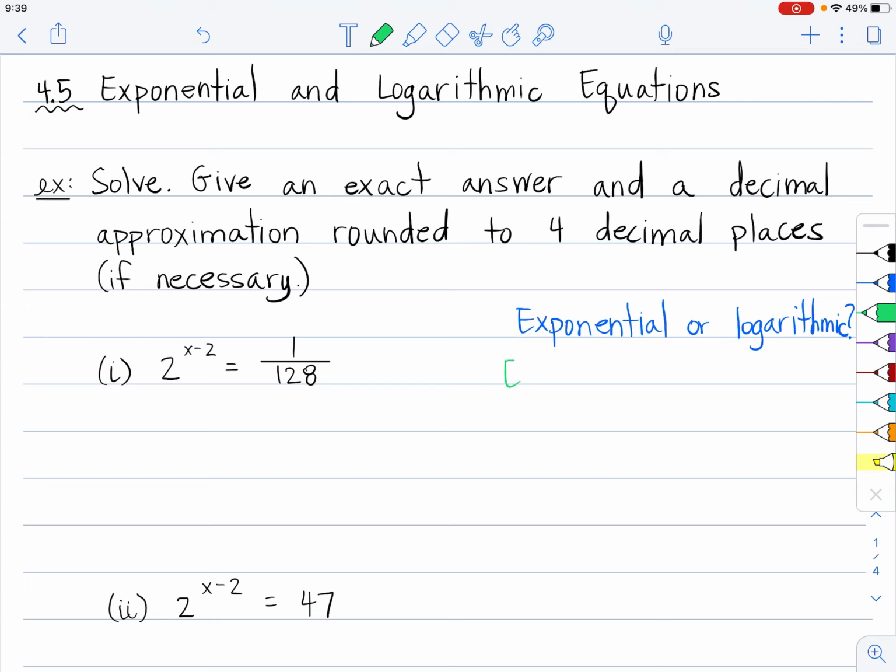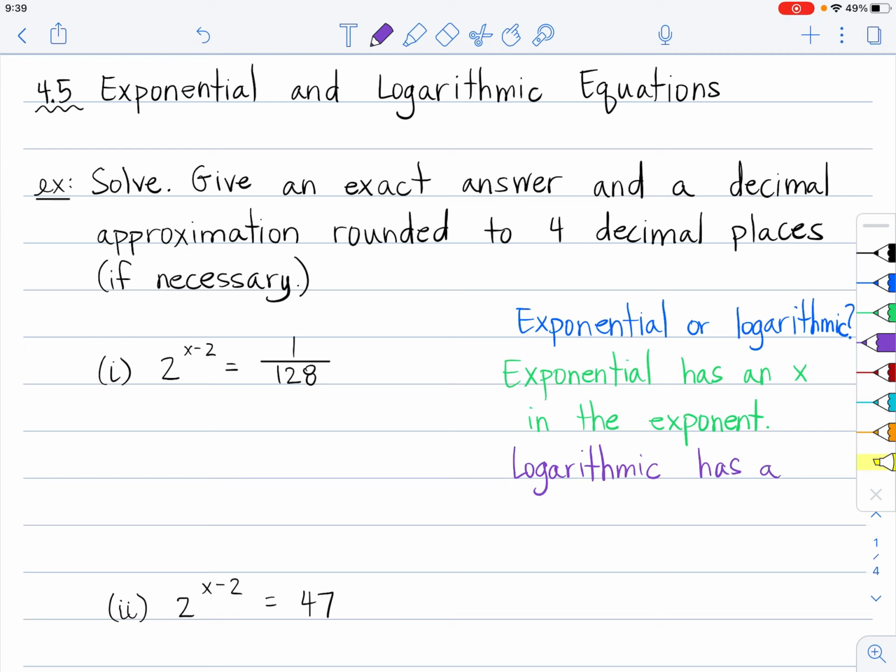So exponential has an x in the exponent. Logarithmic has a log in the equation.